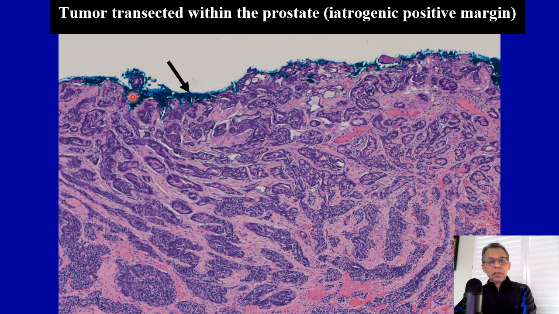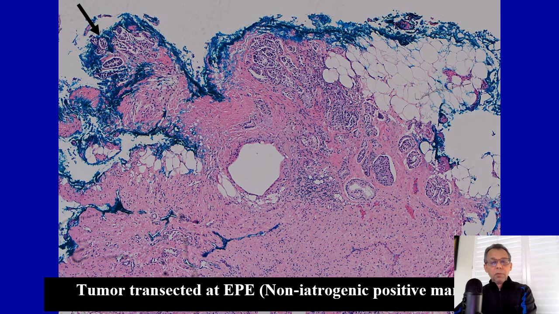Here is an example of an iatrogenic margin where tumor is essentially transected somewhat within the prostate. You don't see any capsule or fibrous plane. You don't see any extraprostatic tissue. Sometimes you may see some benign glands, which is also evidence that you are dealing with an iatrogenic margin.